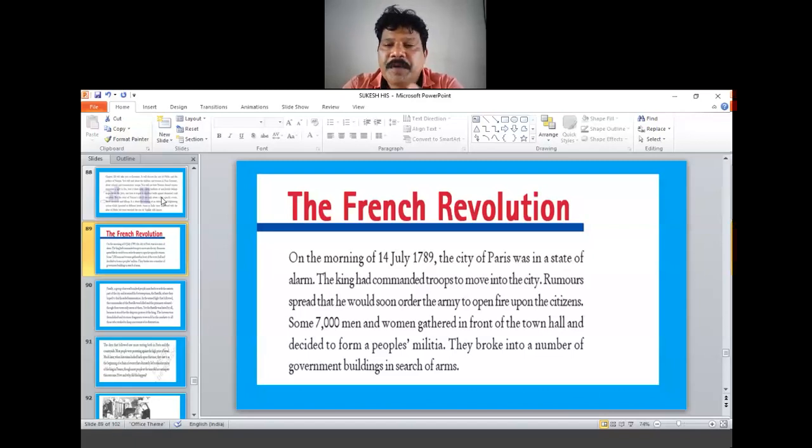The period of Maximilien Robespierre is called the Reign of Terror. What is terror? Danger. What do you mean by terror? Sir, hatred and fighting. Terror is fear. So that period of 1793 to 1794 is called the reign, reign means period, period of terror.